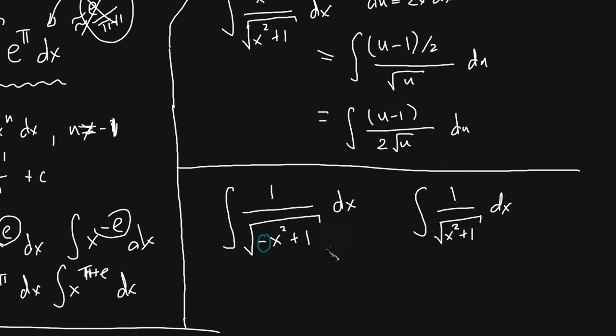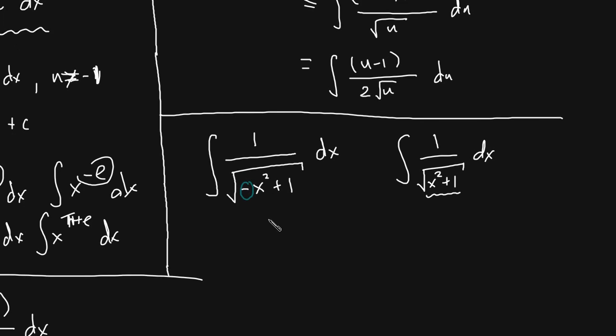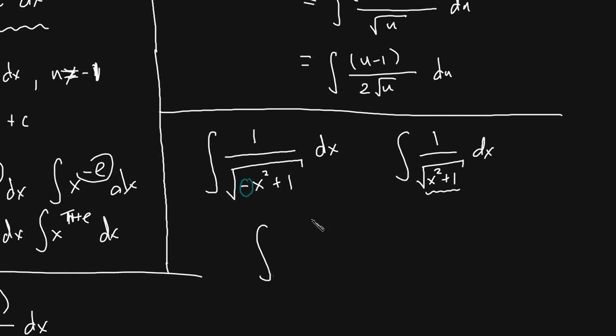And what students end up doing is that they end up seeing this form too often, right? This x squared plus 1 form too often, that they force an x equals tangent substitution, but the problem is they haven't rewritten this in a form that they can recognize, which is 1 over the square root of 1 minus x squared.